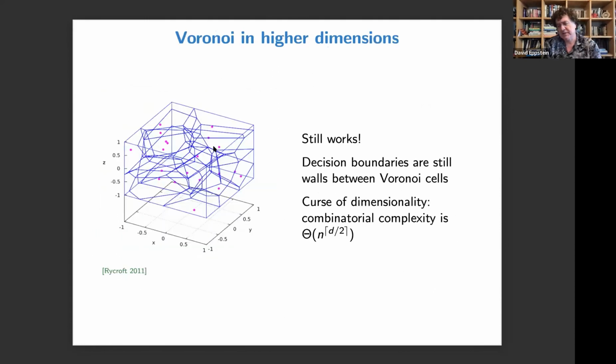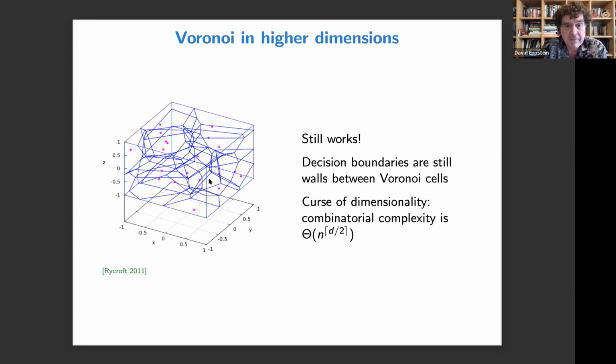In higher dimensions, and higher dimensions are really what I'm interested in this talk, the Voronoi diagram works in the sense that it gives you the correct decision boundaries. But there's this curse of dimensionality going on here, where the combinatorial complexity of constructing the Voronoi diagram and using it to perform classifications grows pretty badly in terms of the dimension, with a power of dimension over 2.